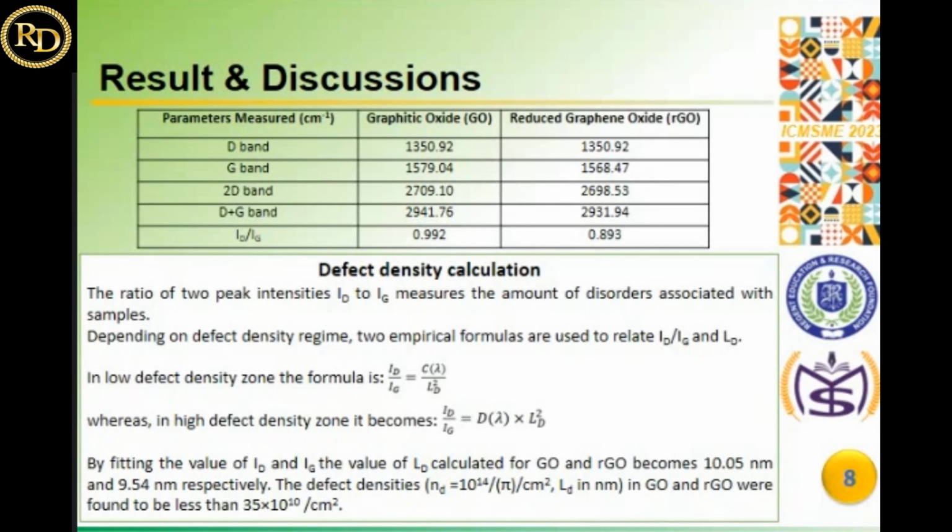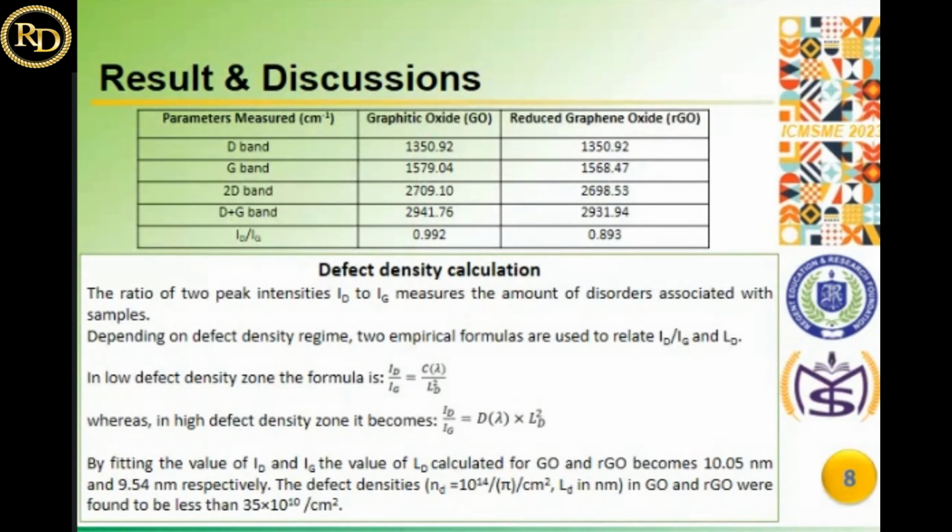IG doesn't depend on disorders, as the G peak relates to the relative motion of the sp2 carbon atoms. But if LD is less than 3 nanometer, due to reduction of the sp2 domain, more distortions will occur in the hexagons of the honeycomb lattice that we know are present in the graphene lattice.